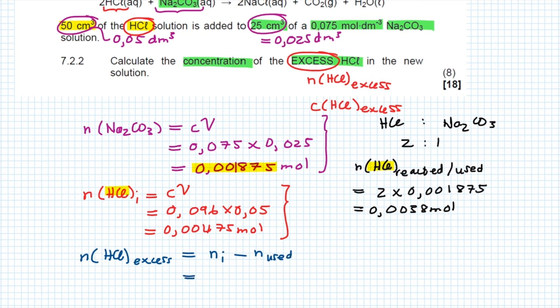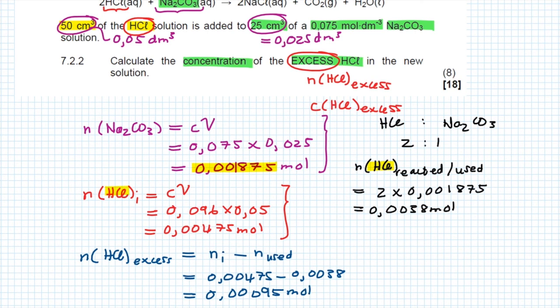So that is going to equal 0.00475 minus 0.0038. When we plug this into our calculators, we end up with an answer of 0.00095 mole. This is the number of moles in excess.